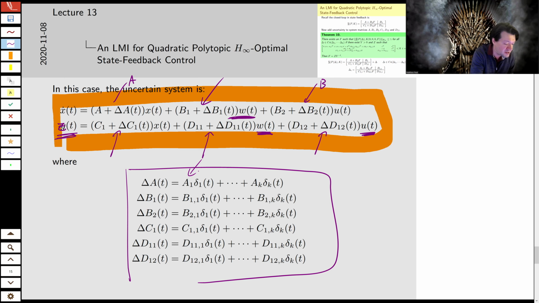So now, if this is interval uncertainty, where we have A_K delta_K, we just need to flip the switch on all of these A's to get all of the different LMI conditions. But hopefully you can do that yourself, right? So 2 to the K LMIs for interval uncertainty.